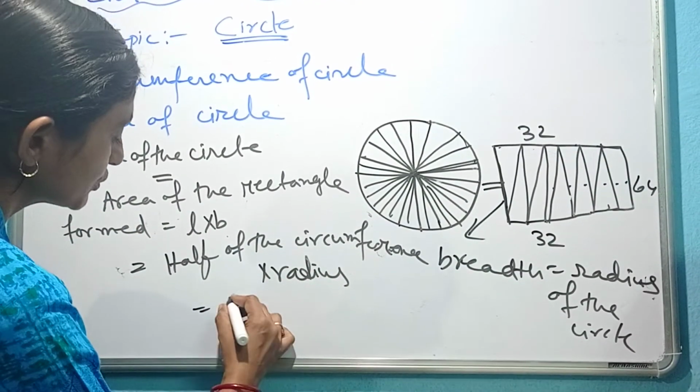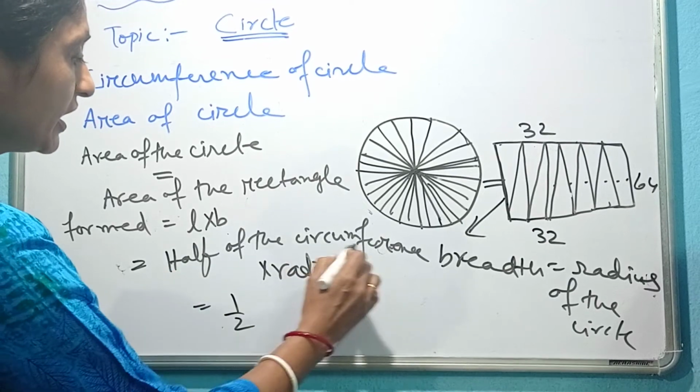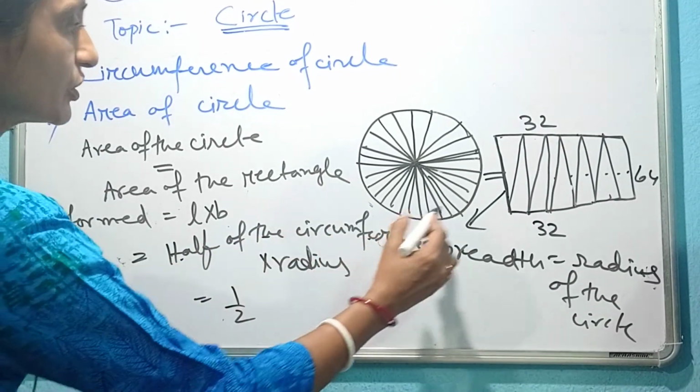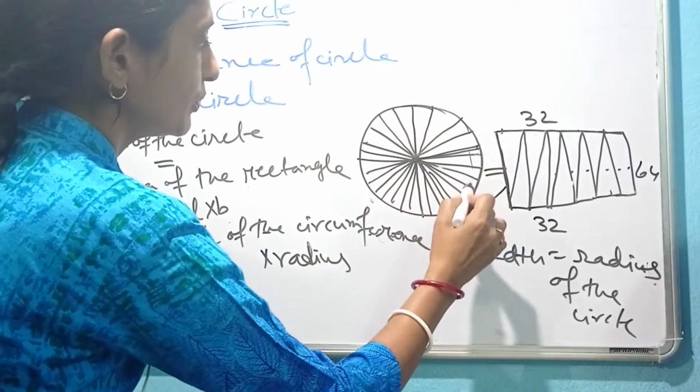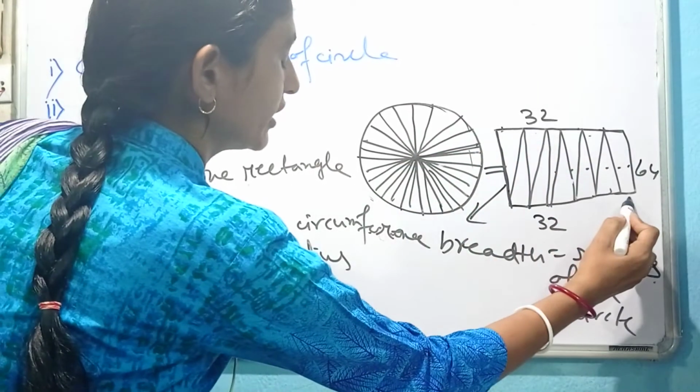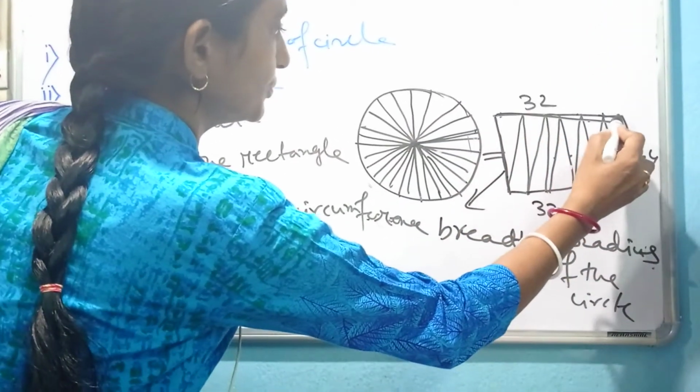Half of the circumference, because this is the length. We put one half on one side and another half on the other side. So this is the length of this rectangle.